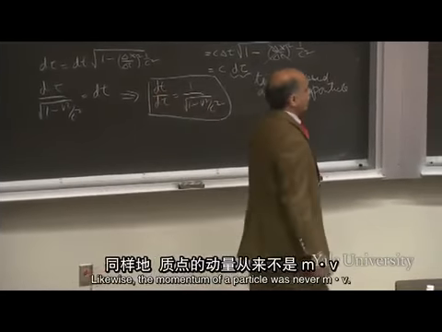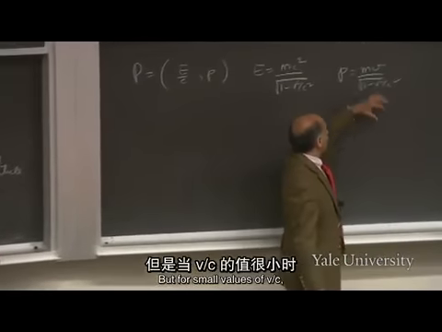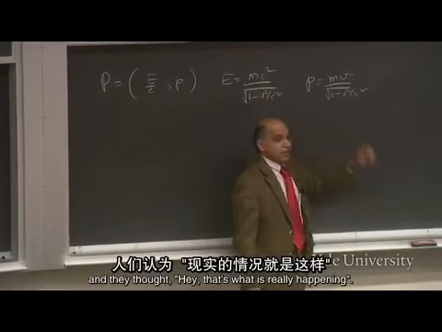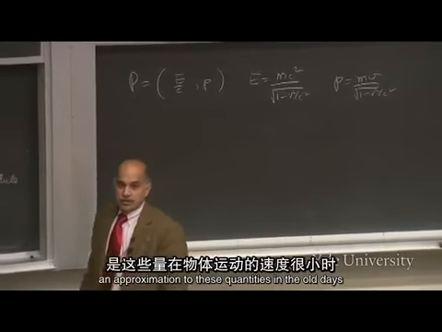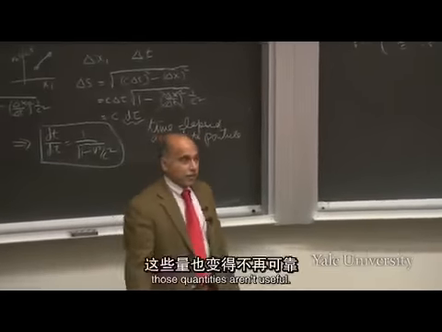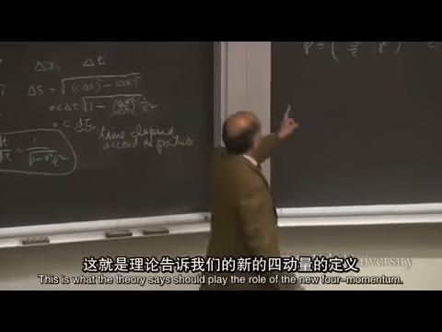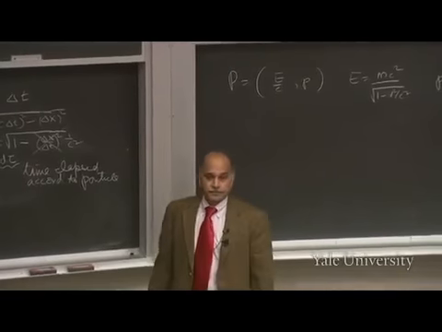Likewise, the momentum of a particle was never mv. It was mv divided by all this. But for small values of v over c, it looked like that, and we figured, hey, that's what is really happening. So we were looking at an approximation to these quantities in the old days when velocities were small, and as velocities go up, those quantities are not useful. This is what the theory says should play the role of the new 4 momentum.